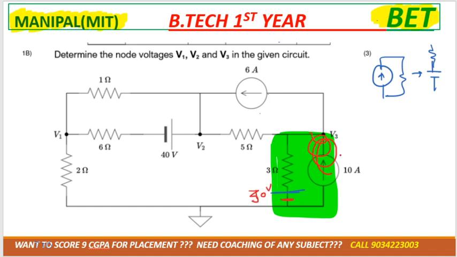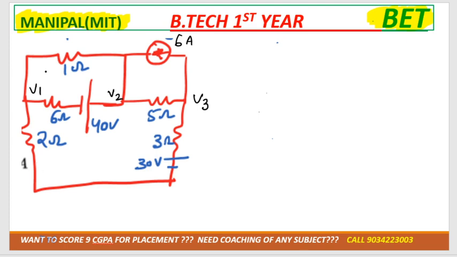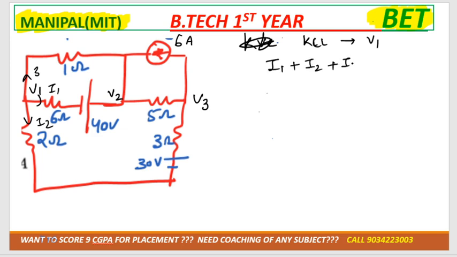So now this wire is eliminated and this point is connected like this. Now we'll have the simplified form. Let me mark the current directions I1, I2, I3. So apply KCL at node V1. It would be I1 plus I2 plus I3 is equal to 0. Correct?